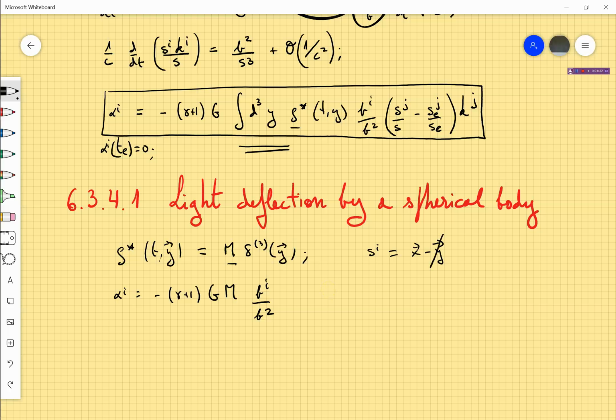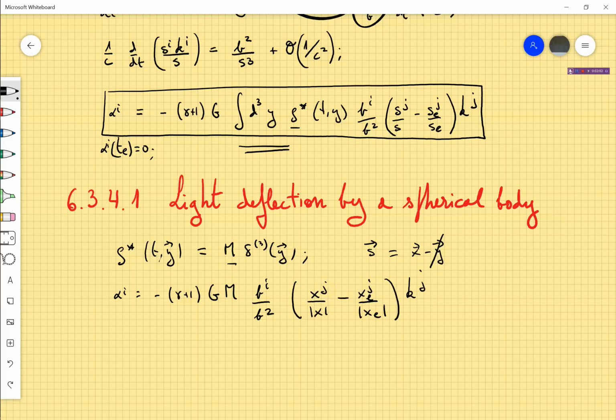Wherever there is a y, we just write 0. Well, if I write vectors, this is what I have to write. And then this is nothing but xj. S becomes just the absolute value of x minus x emission, divided by x emission, and everything multiplied by kj.